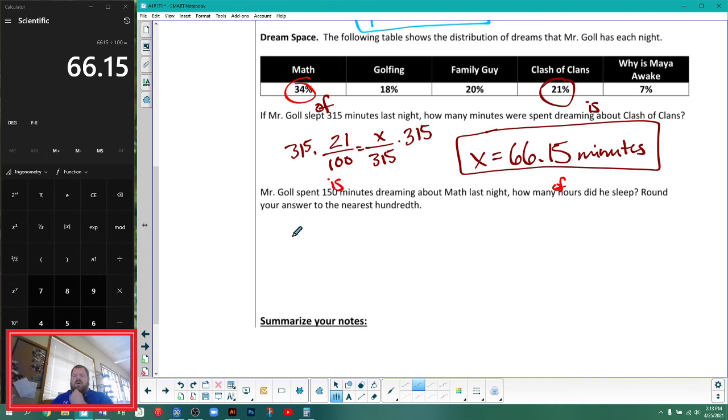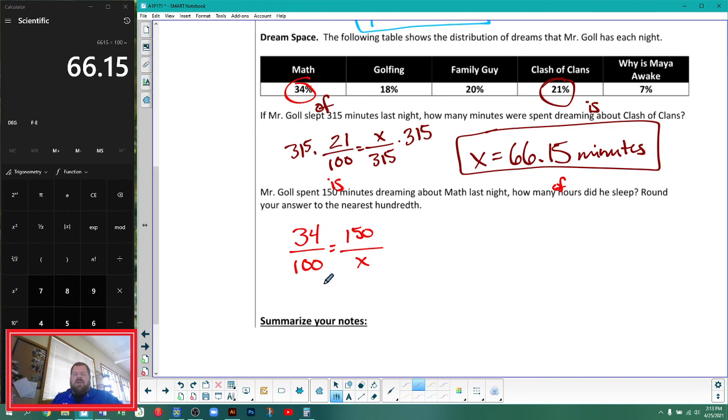The thing that you always want to remember is, as much as the is over of equals percent over 100, when it comes to application problems like this, it really becomes partial over total equals partial over total. The 150 minutes that I spent dreaming was a partial because it was only part of what I dreamt about. It was only the math dreaming, and I'm looking for that x, the total amount of time that I slept.